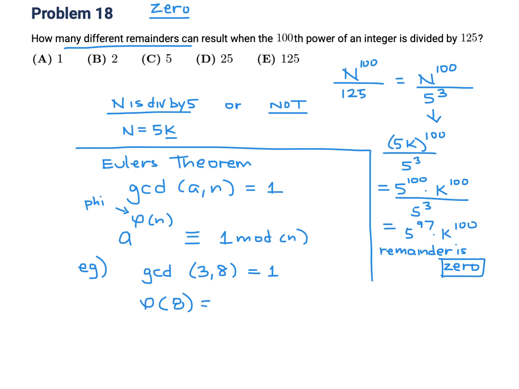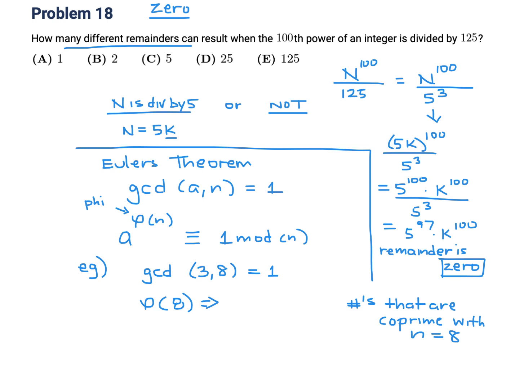Now what is that referring to? It's referring to what numbers are coprime with n. And in this case, n is 8.